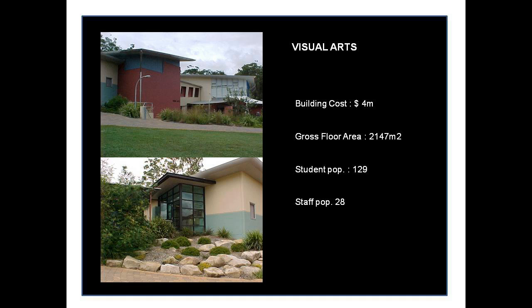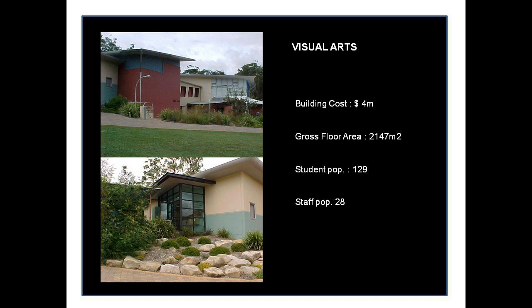The other building in this study, the visual arts building, building costs are around $4 million, gross floor area just under 2,200 square metres, and similar building population, student numbers of 129 and the staff population of 28.